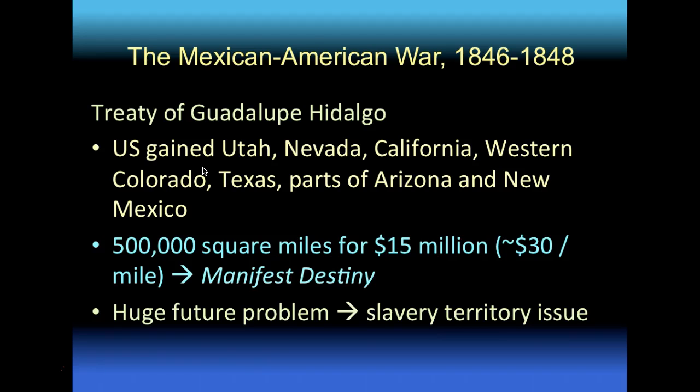So we have another almost 20 years of debates and challenges within the United States in regard to slavery. And now the United States has acquired this humongous chunk of land, and they don't know what to do with it. A lot of the states end up becoming slave states, unfortunately.